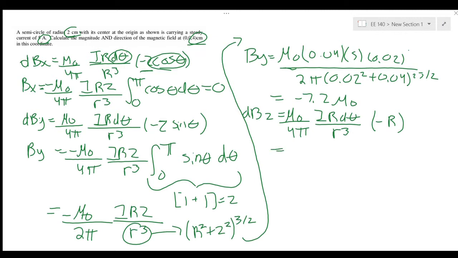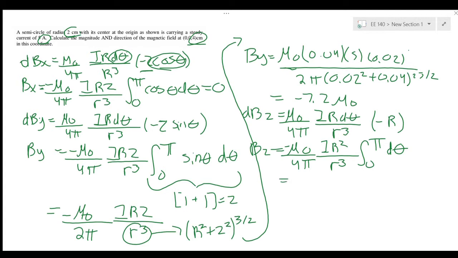This equals negative mu naught over 4 pi I r squared over r cubed from 0 to pi d theta. I don't know if I explained why 0 to pi. We go from 0 to pi because it's a semicircle. That's why we integrate from 0 to pi to find the total magnetic field at that point of interest.